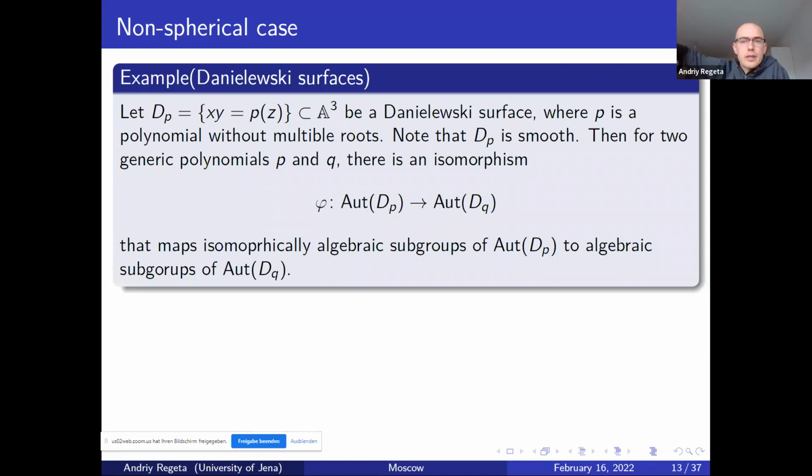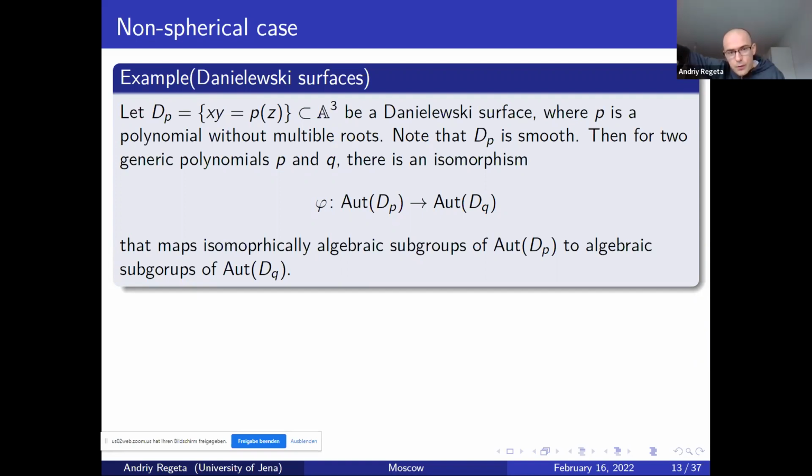This means that dP is smooth. Then for two generic polynomials p and q, there is an isomorphism phi from Aut(dP) to Aut(dq) of abstract groups that maps isomorphically each algebraic subgroup in Aut(dP) to an algebraic subgroup in Aut(dq).